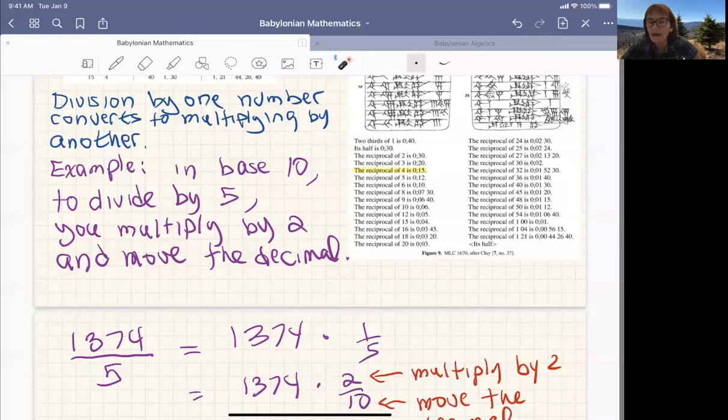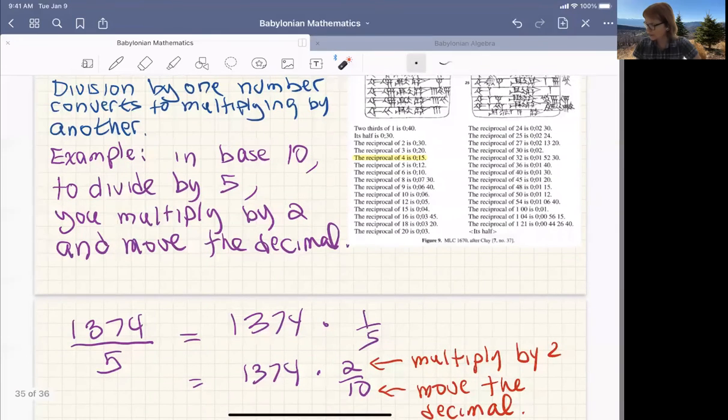So dividing by 5 is the same as multiplying by 1/5, and 1/5 is 2/10. So that's why I will multiply by 2, and then when I'm done, I need to move the decimal because I have to divide by 10.